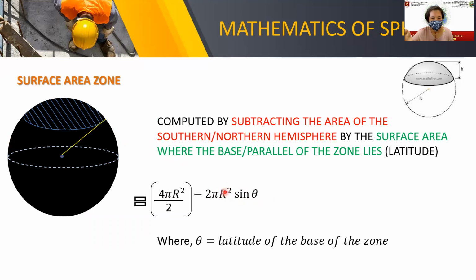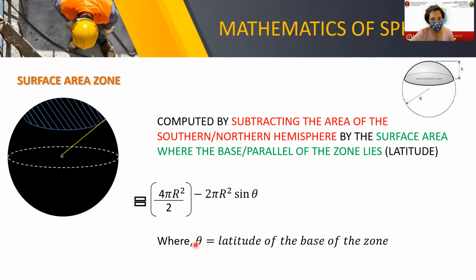Since 2 pi r squared cosine of theta is the circumference of the parallel, so this area here is 2 pi r squared sine theta. So if the whole hemisphere, this northern hemisphere, minus this portion, the answer would be only the remaining one, which is called the zone.